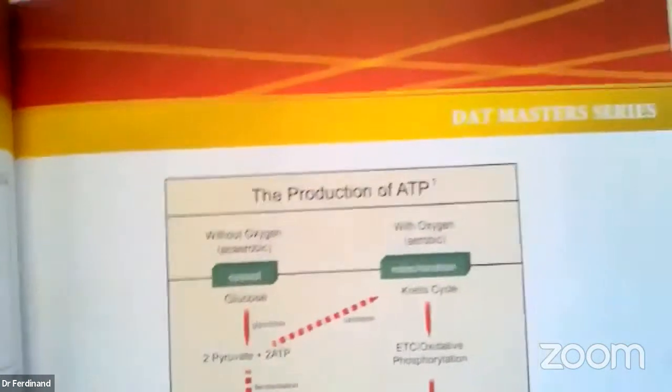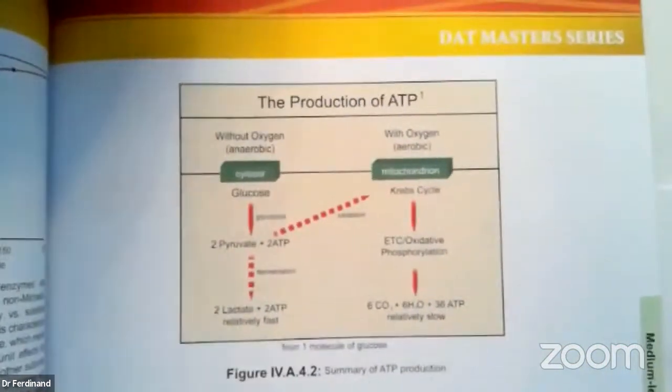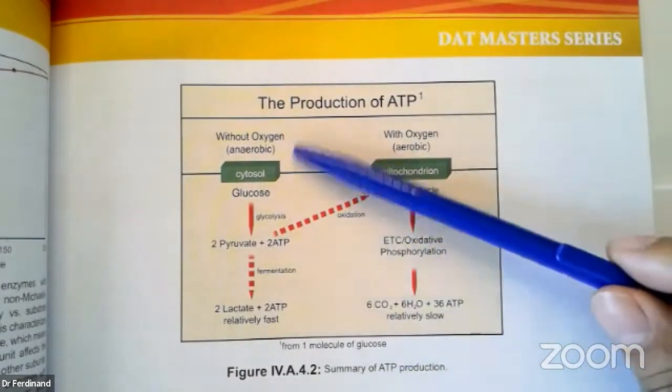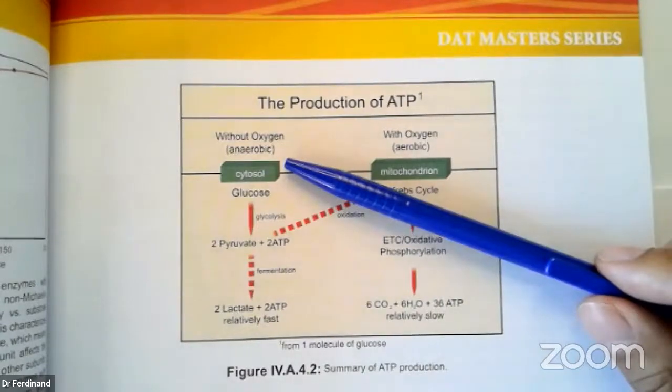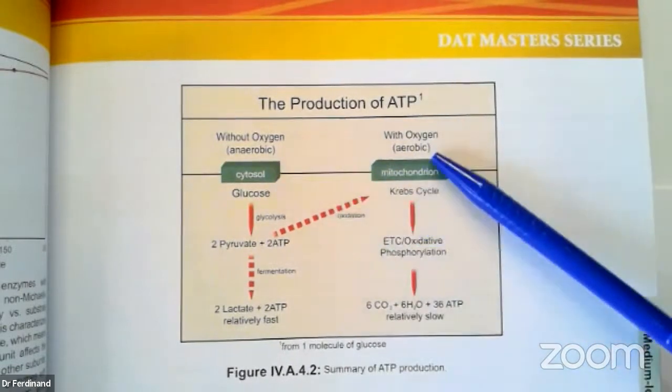And here we are, the summary of the production of ATP. So we have these 2 classic pathways: anaerobic, which is mentioned in one of the answer choices to this question, and aerobic, which is also mentioned.